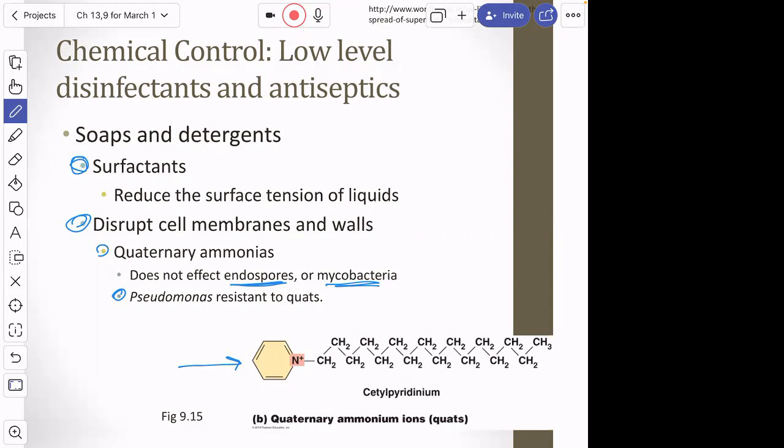I've tried that a couple times and haven't gotten anything to grow, but they know that they are seeing some resistance starting with this common hospital-acquired infection, Pseudomonas, to some Quaternary Ammonias. So that's why it's considered low level.